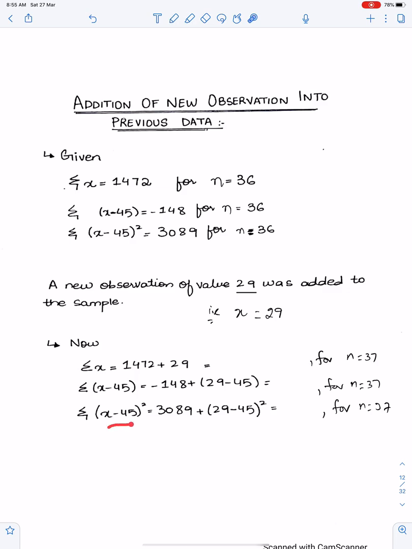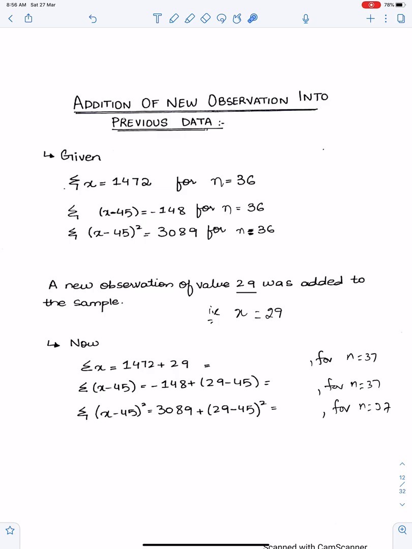Same is here. You cannot add just 29 into this data. You just need to add 29 minus 45 whole square into this, and this number will be for 37 observations. So this is the way to add the new observation into previous data.